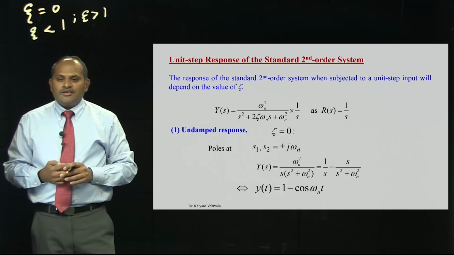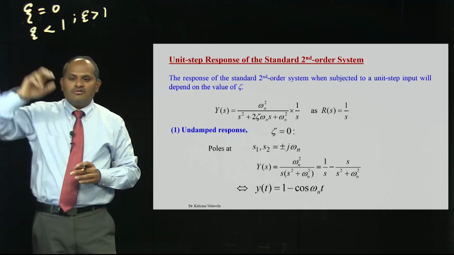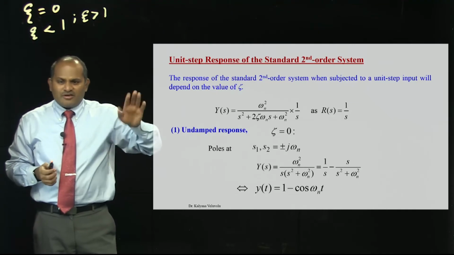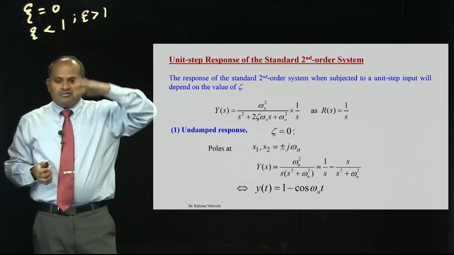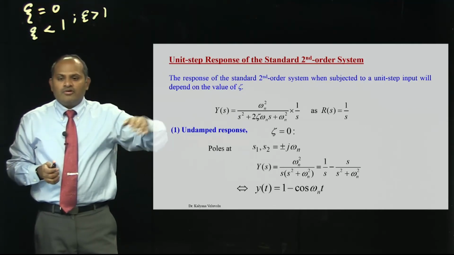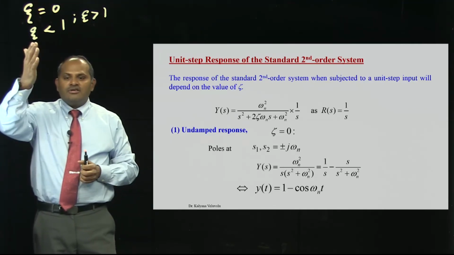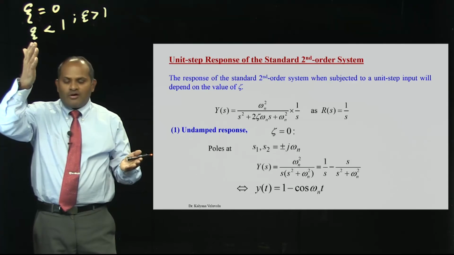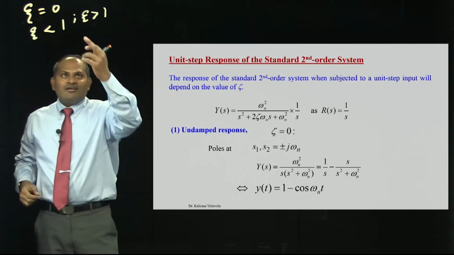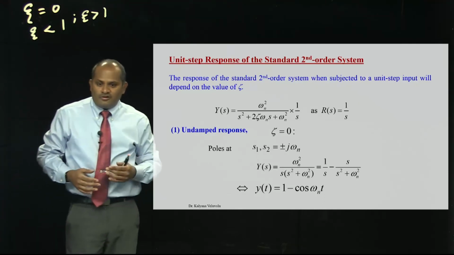In real world application, if damping is equal to 0, the system can only result in pure oscillations. It's like a spring. When damping is less than 1, it actually has a few oscillations and then comes to 1. This is like a suspension in an automotive car. Eta greater than 1 is really difficult to design.